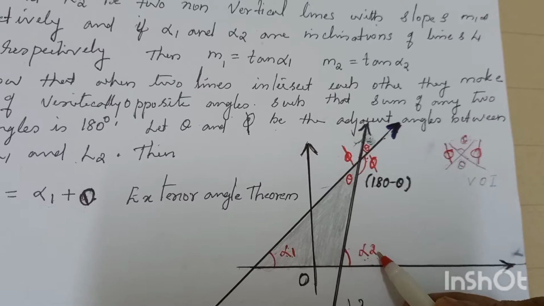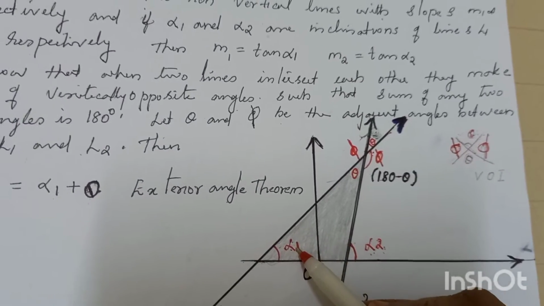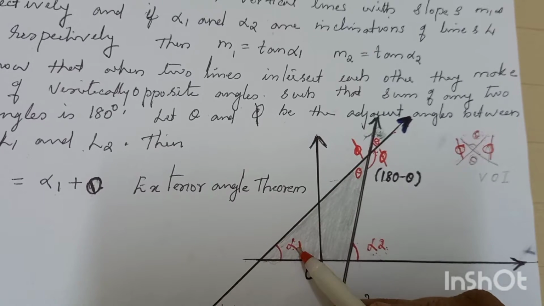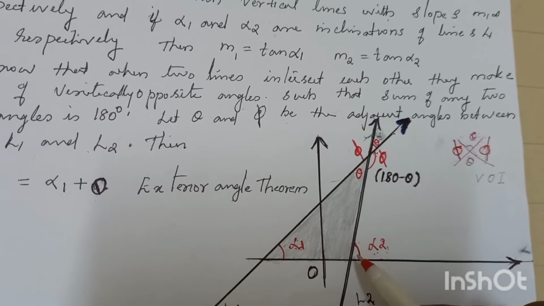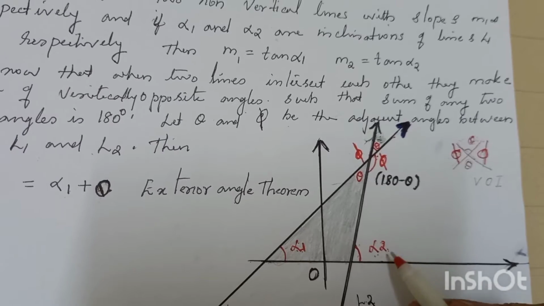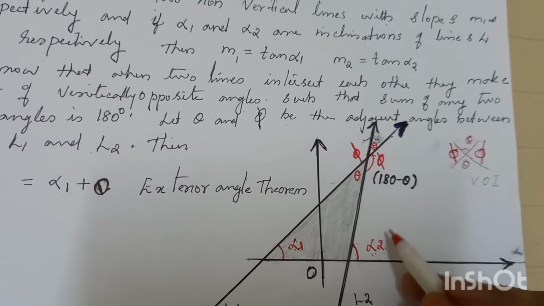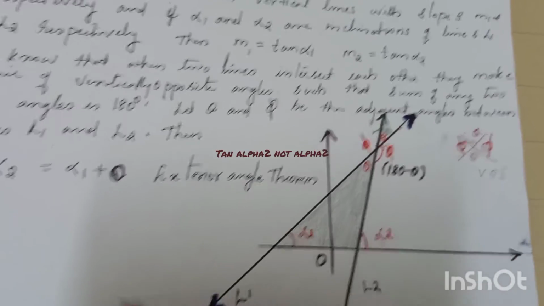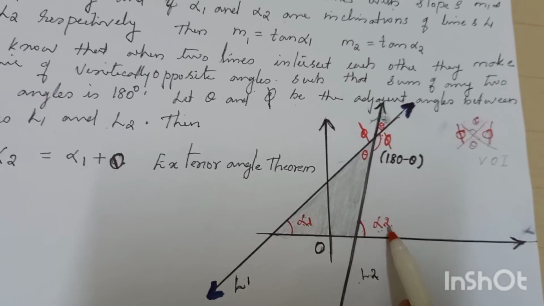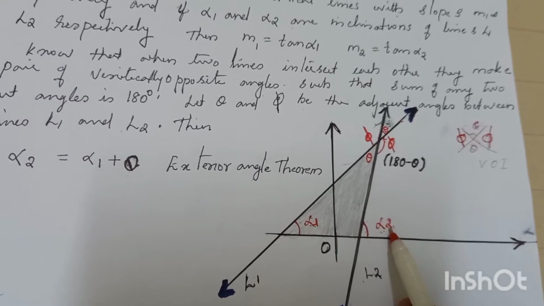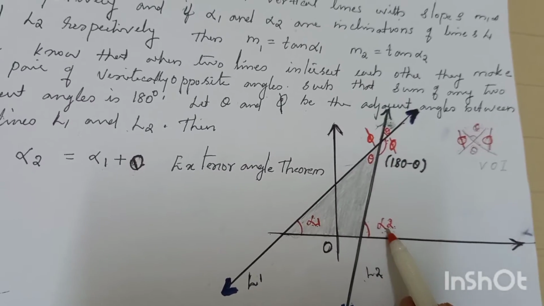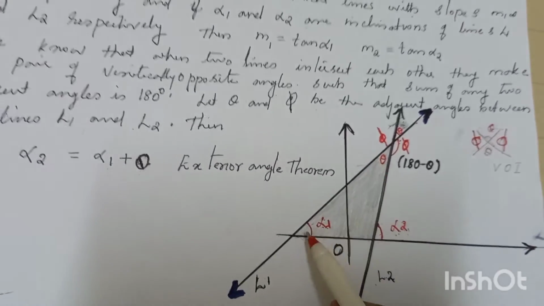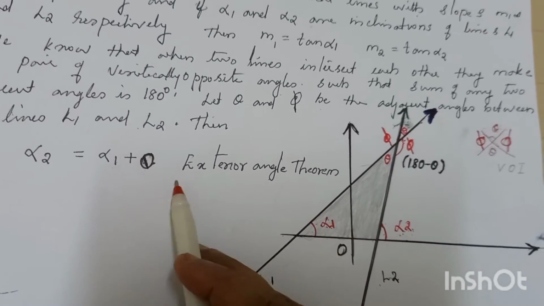So we can write, how will you find this angle alpha 2? Alpha 2 is equal to theta plus alpha 1.